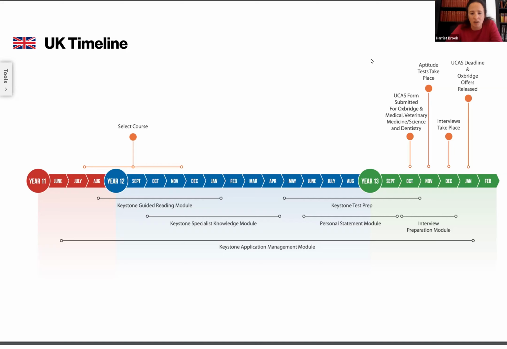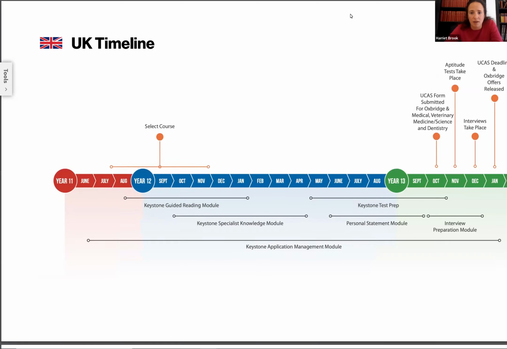Typically a lot of schools will start talking to students who aren't looking at Oxford and Cambridge in year 12. You don't need to start your application until year 13, because your deadline is January of your final year of school if you're not applying to Oxford or Cambridge.